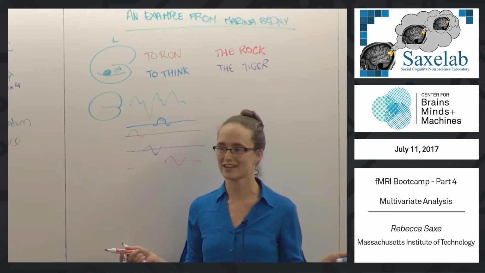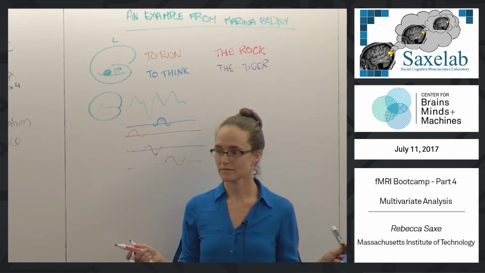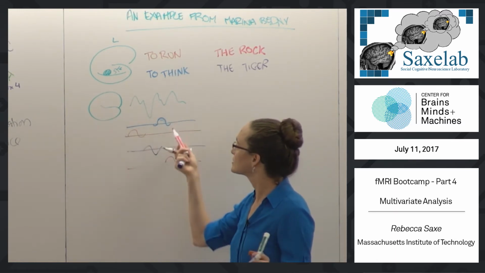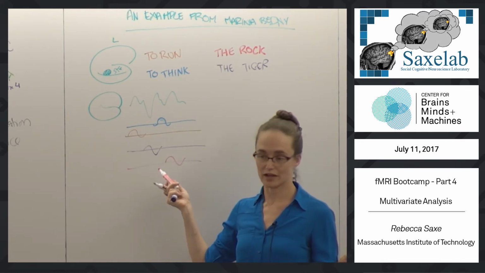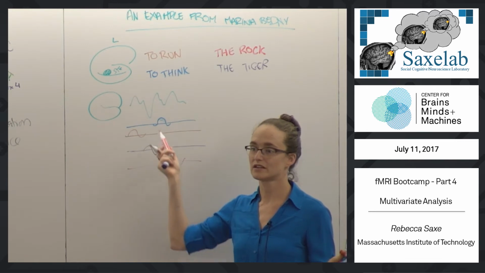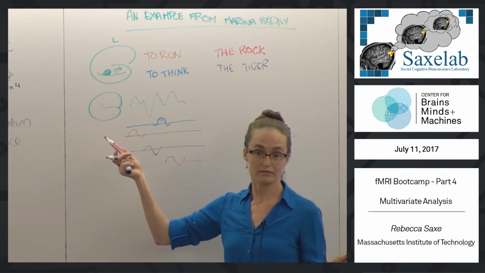We're going over this again to help make sure that everybody's on the same page. So please stop me if you're not following. Yeah? Okay. So we fit every voxel in the brain with these 4 betas for every run, for 8 runs, which gives us 32 beta images for each person, right?